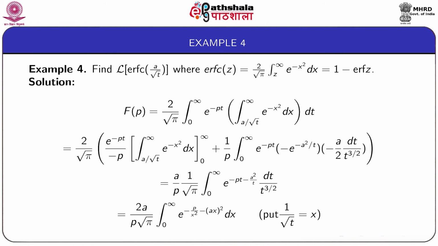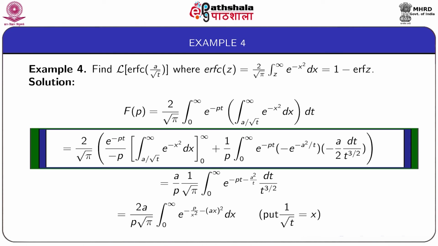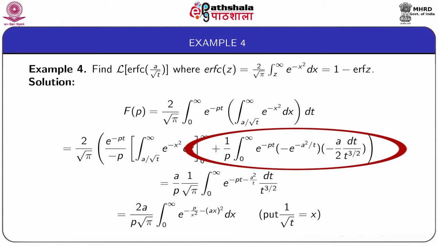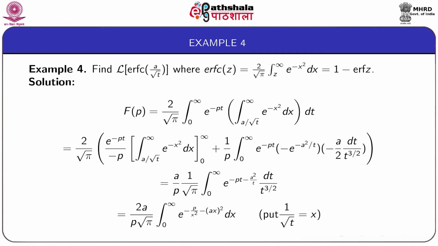After integration by parts, this gives 2/√π times the integral from a/√t to infinity of e^(−x²) dx, into e^(−pt)/p, with t running from 0 to infinity, plus 1/p times the integral from 0 to infinity of e^(−pt) into −e^(−a²/t) into −a/2 dt/t^(3/2).